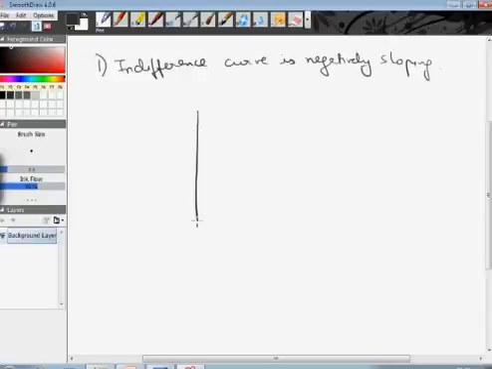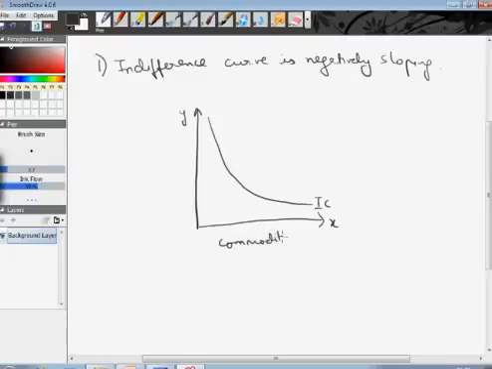We again draw the indifference curve. This is the indifference curve. On the x-axis, we take commodity X, and on the y-axis, we take commodity Y.